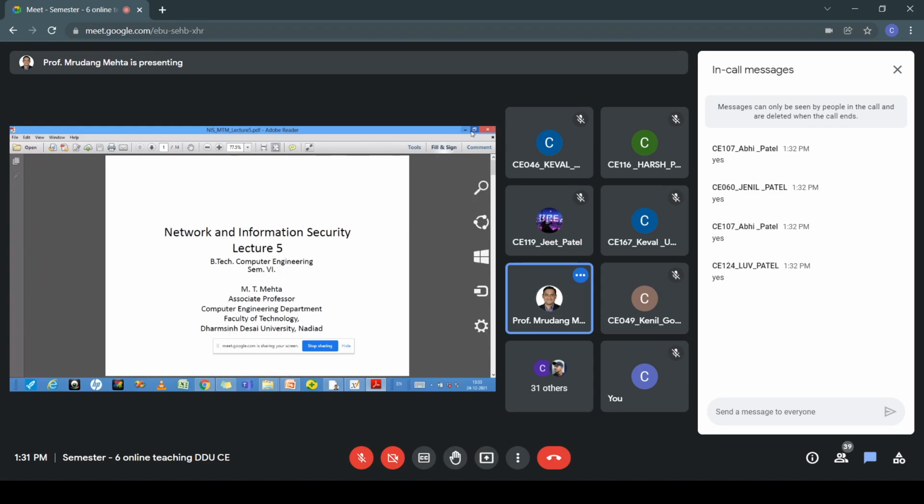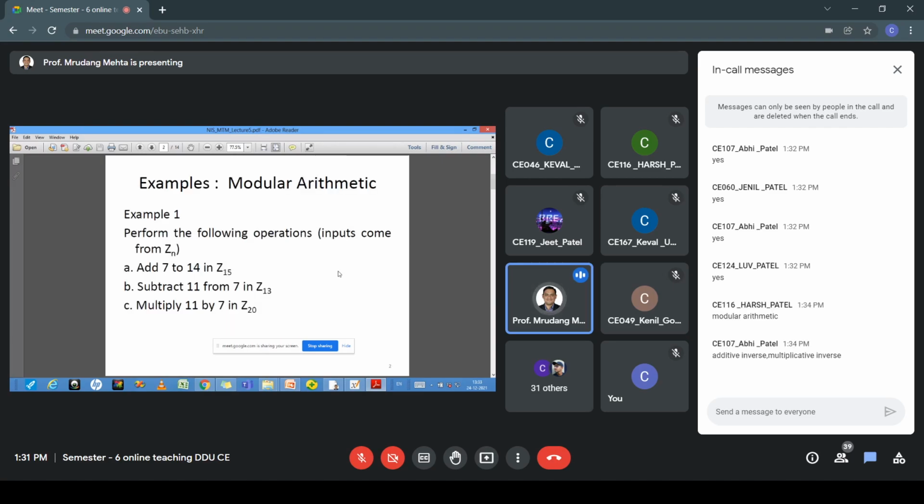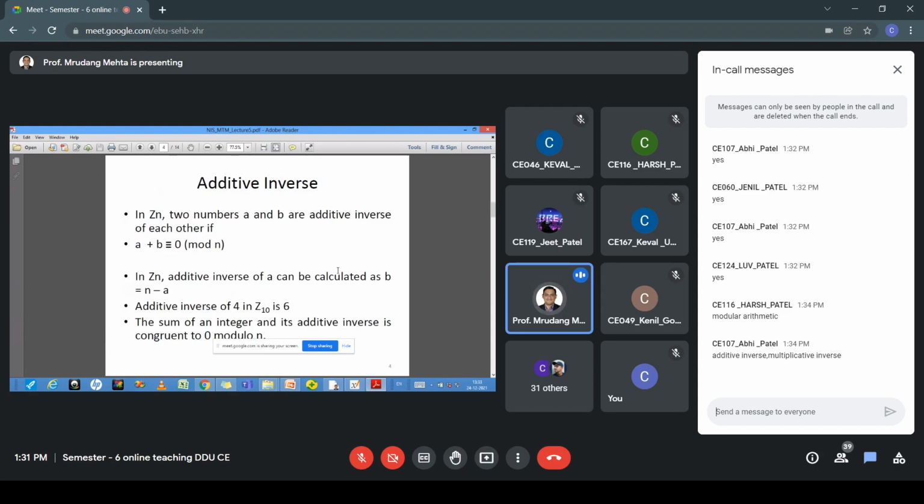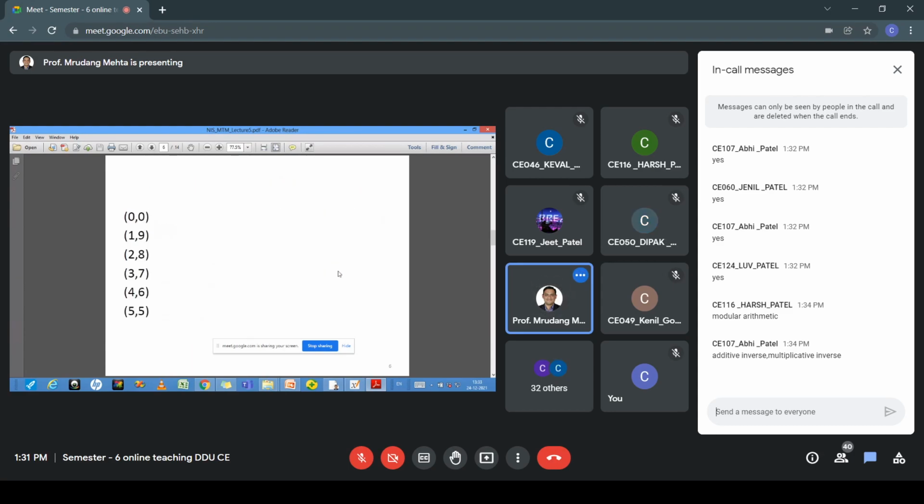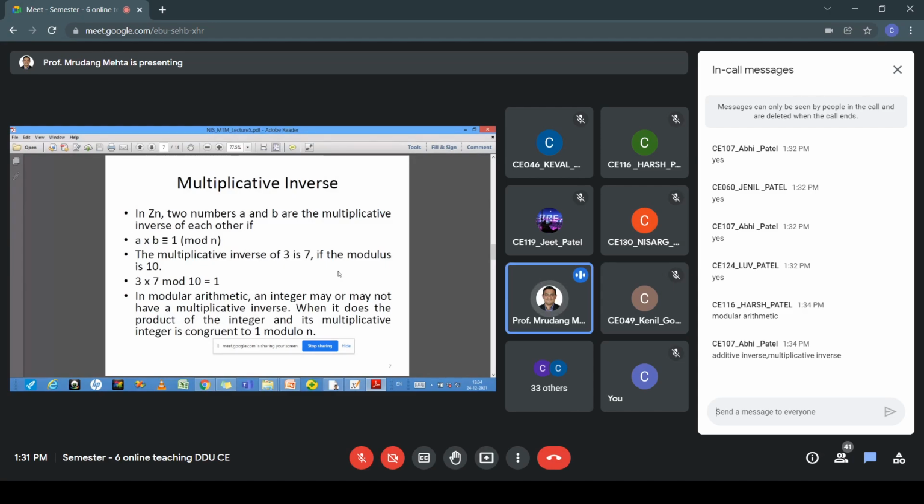Okay. So in the previous lecture, we discussed some points related to modular arithmetic, additive inverse, and multiplicative inverse. We did some examples related to modular arithmetic, then additive inverse was discussed with some examples, and multiplicative inverse was also discussed.